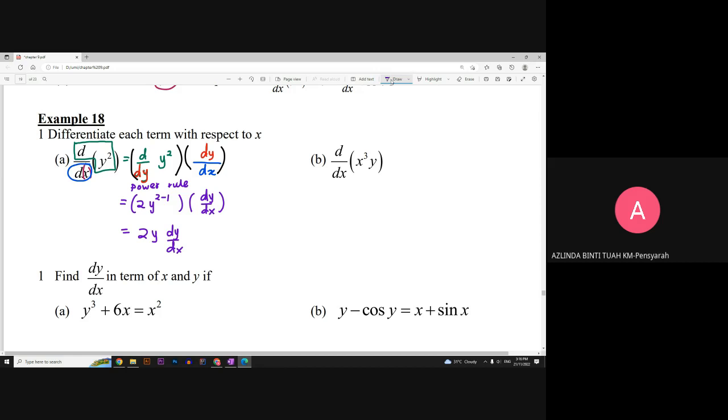Okay, second example, b, d per dx, okay, differentiate once again respect to x. So meaning that I can just differentiate x cube sahaja kalau mengikut dia punya instruction respect to x. But still, since x cube multiplied with the y, so I have to apply the product rule.